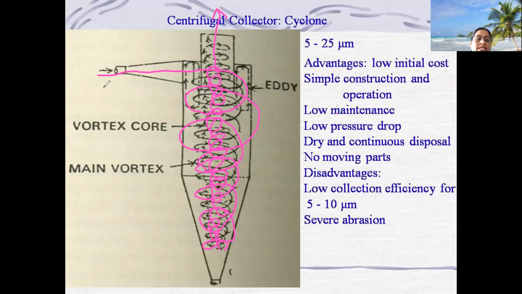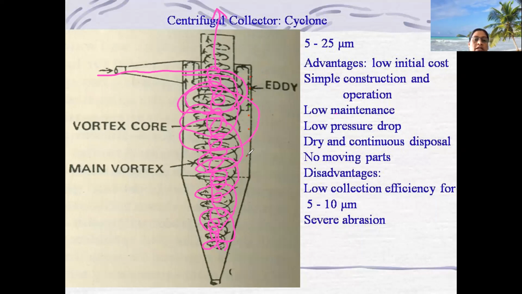Here you can see when the gas is moving in this direction, it is taking a vortex. At that time, when it is whirling, the particulate matter starts striking upon the inner wall of this particular cyclone separator. You can observe these particulate matters striking upon the inner wall.